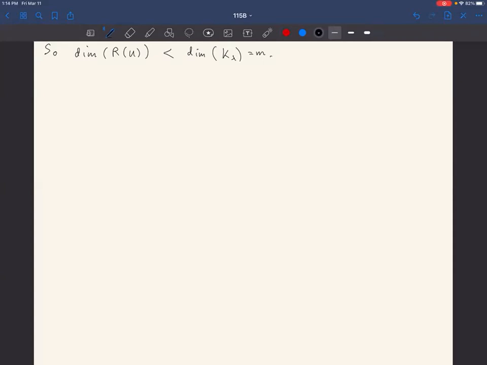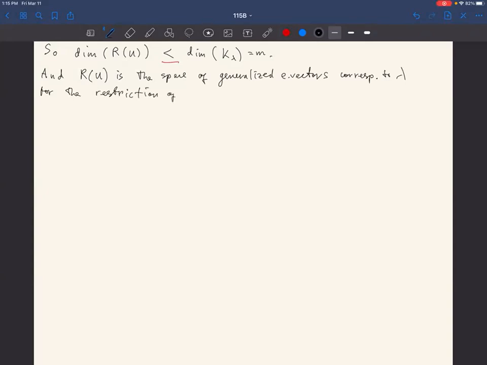Okay, so the dimension is strictly less, and we also have that the range of U is the space of generalized eigenvectors corresponding to lambda for the restriction of T to the range.